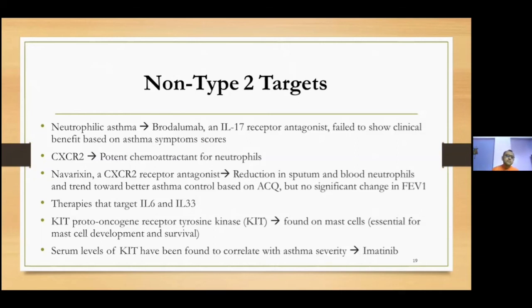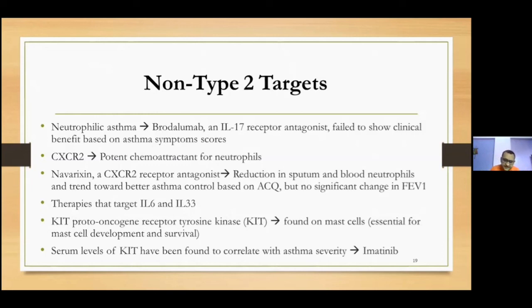blood. There are some therapies now being investigated to target interleukin 6 and interleukin 33, because they are also responsible for non-type 2 or low type 2 inflammatory asthma. For that, agents are now evolving.